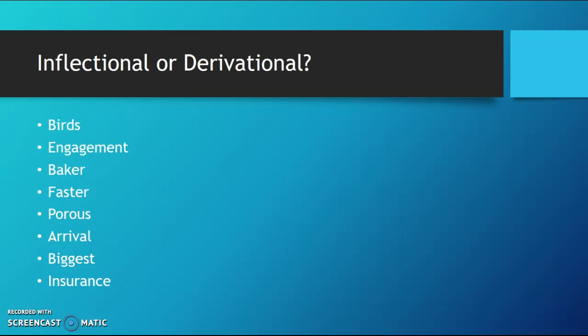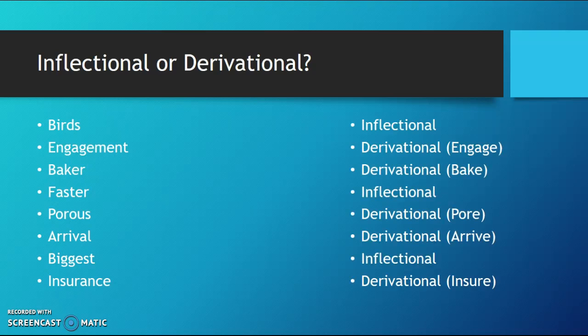All right, so let's see how you did. So birds, the suffix is that S, and it is an inflectional. It's just telling us that it's more than one. Engagement, derivational. We come from that root word engage, which is a verb, and then get a noun, engagement.